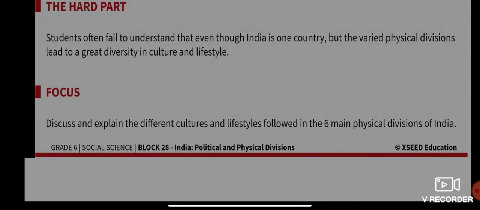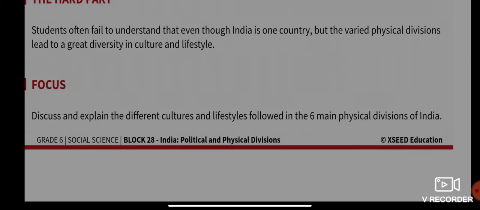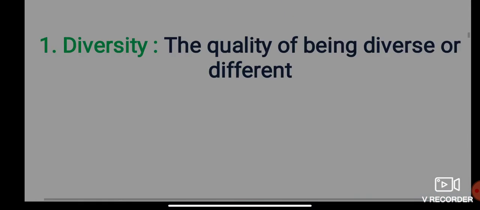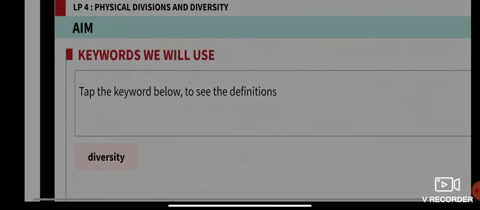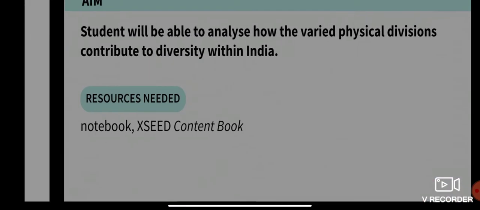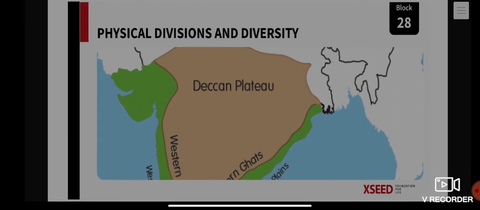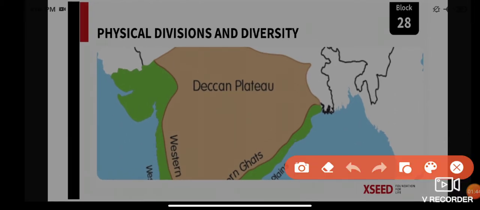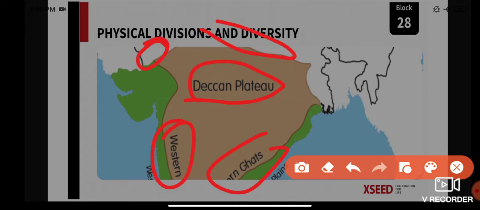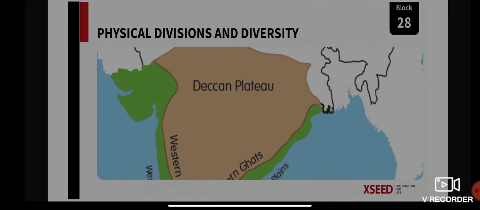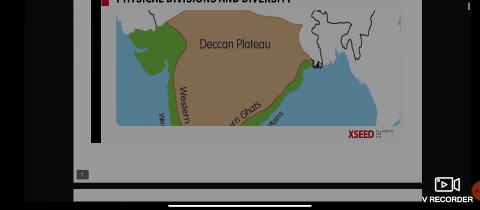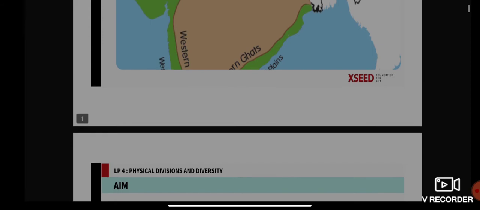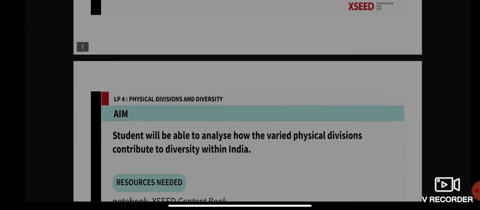So we learn about the different cultures and the lifestyles that are followed in the six physical divisions of India. Here some portions are given, not everything, but see the Deccan Plateau, the Western Ghats, Eastern Ghats, Thar Desert, Himalayas. Right, so in each and every physical division there are differences in culture and religion.